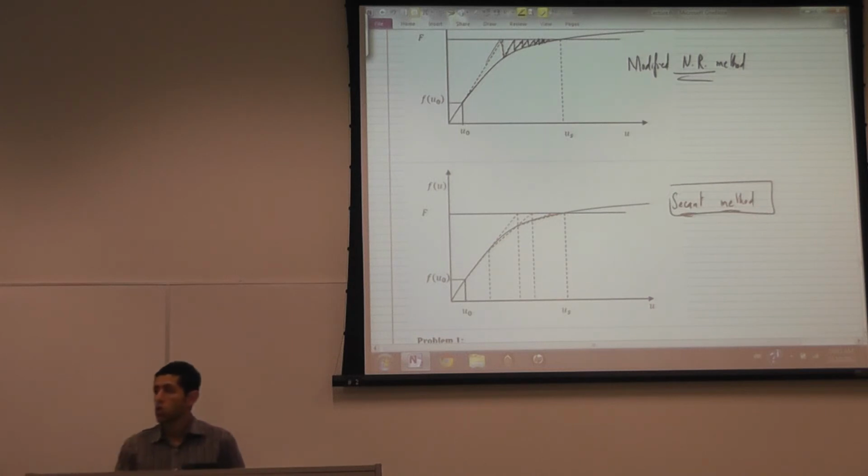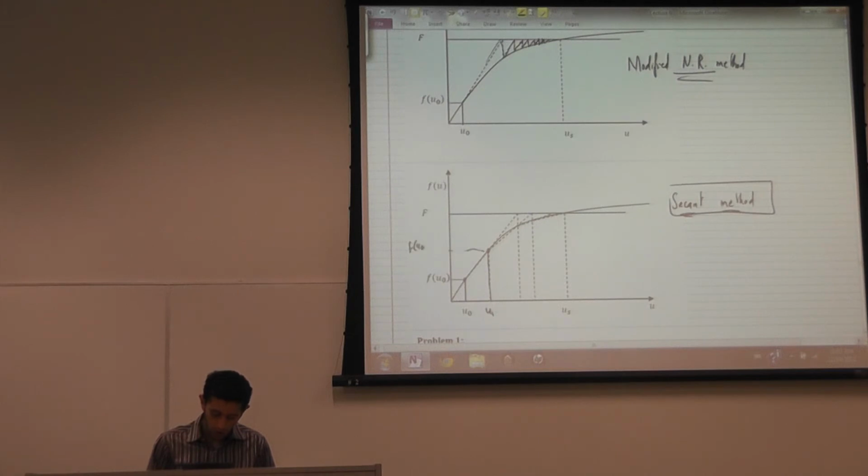In the Secant method, you actually have two initial guesses, and from those two initial guesses, you don't really calculate the slopes explicitly. You don't really calculate partial by partial. You calculate the slope implicitly by having f of u1 minus f of u naught divided by u1 minus u naught.